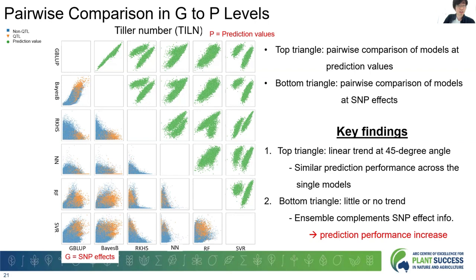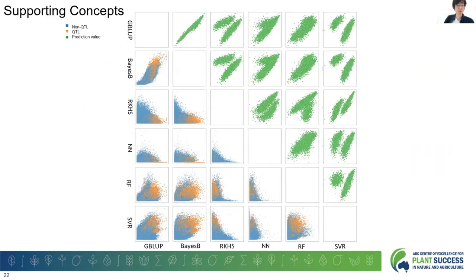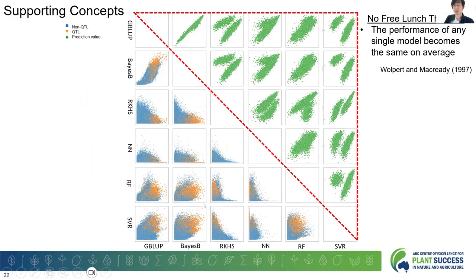Those two key findings can be supported by two interesting concepts. The first one is the no free lunch theorem. It says that the performance of the single models becomes the same on average. That's why all the different single models were able to return the same prediction values in the end. We can also say that it's difficult to pick the best single model, because this theorem says that there's no such model that can be the best all of the time.